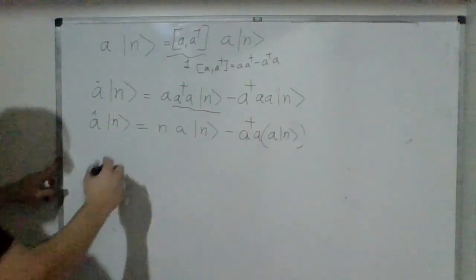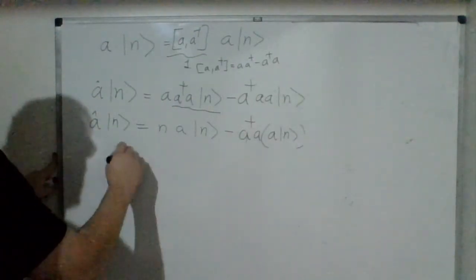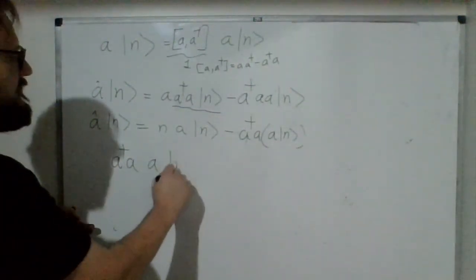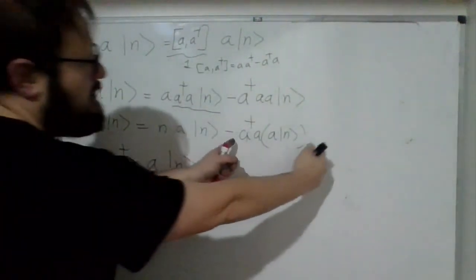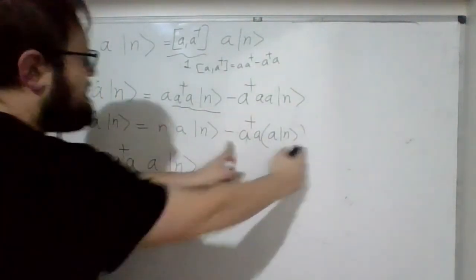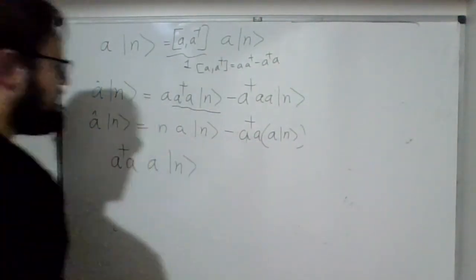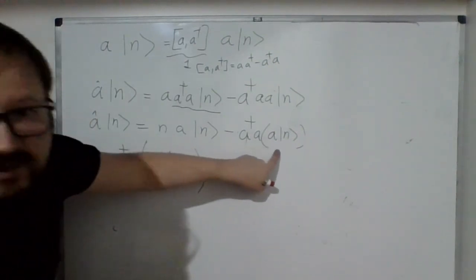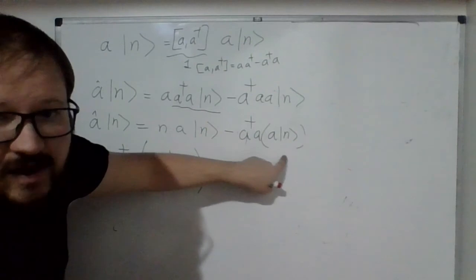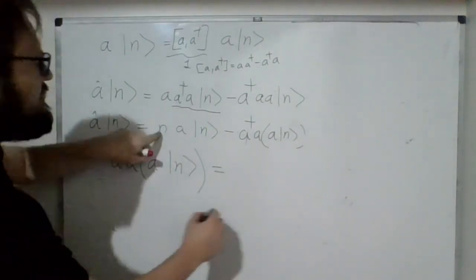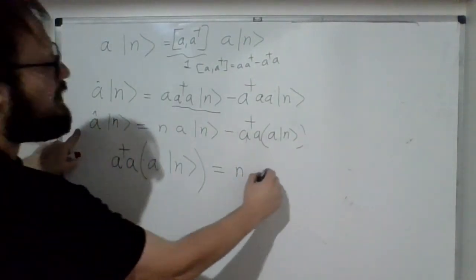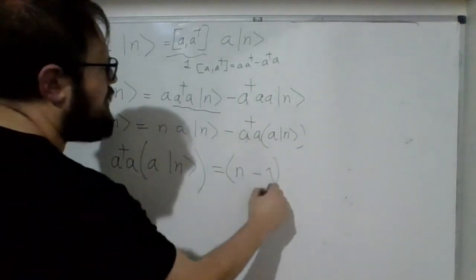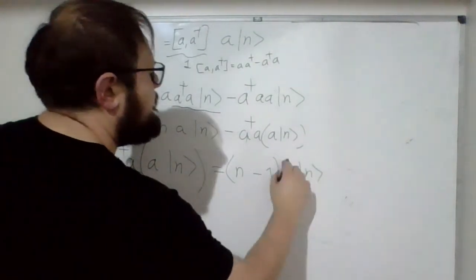Now, if I put the number operator here in front of the equation, so I can just pass it to the left and this term to the right, I will find out that A dagger A applied to this new function here corresponds to this n minus 1, because I am bringing it to the right, n minus 1 A to the n.